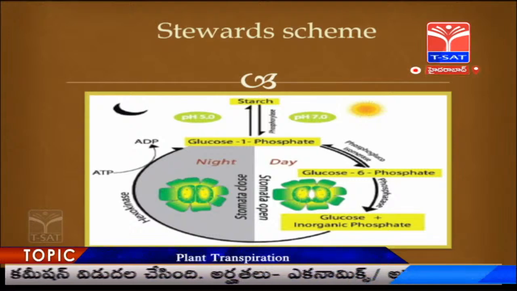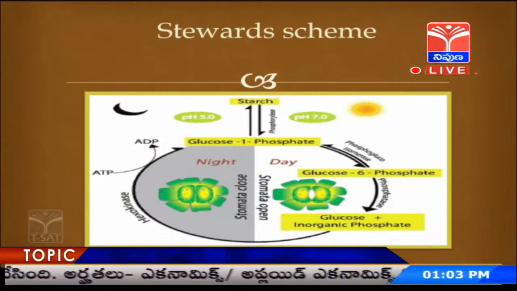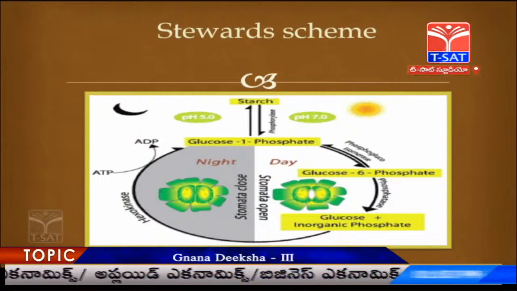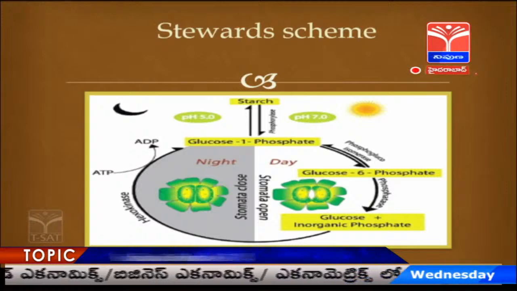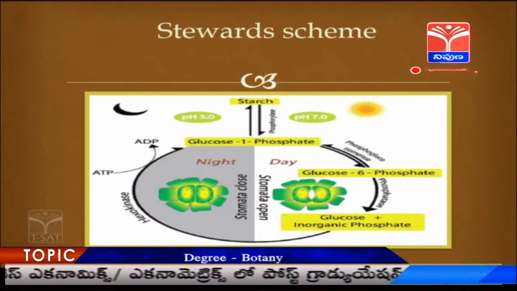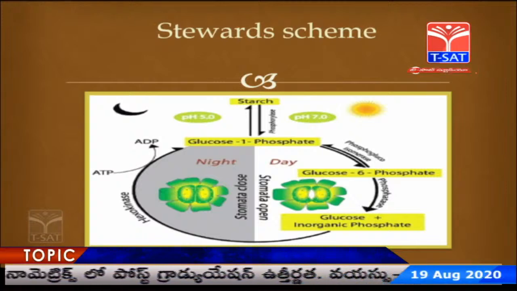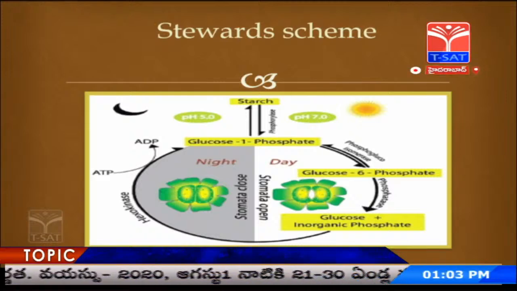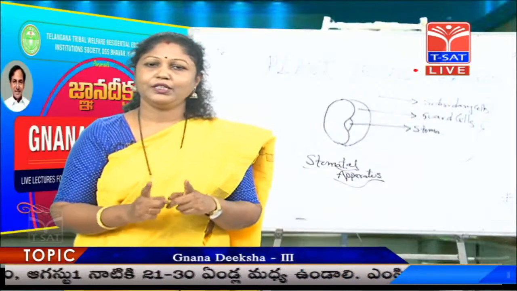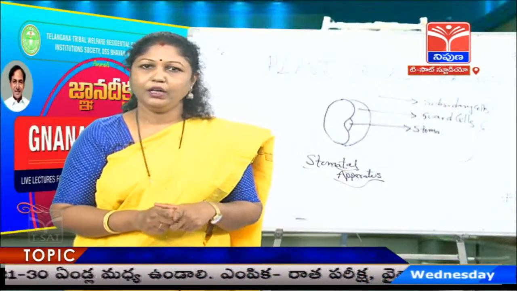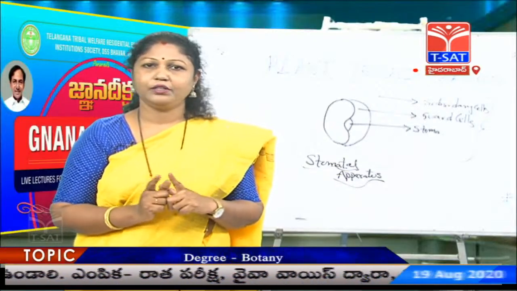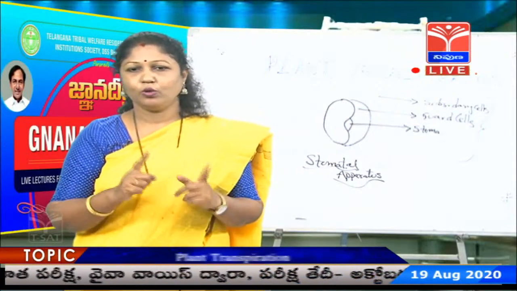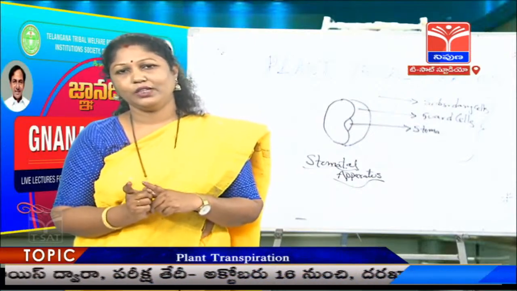Okay. After a period of time, that is after sunset or when the stomata are closing, this glucose is once again converted into glucose 1-phosphate because of the hexokinase enzyme and also because of availability of ATP. So, starch is converted into glucose 1-phosphate. This glucose 1-phosphate is not sufficient for stomatal opening. So, it is converted into glucose 6-phosphate.